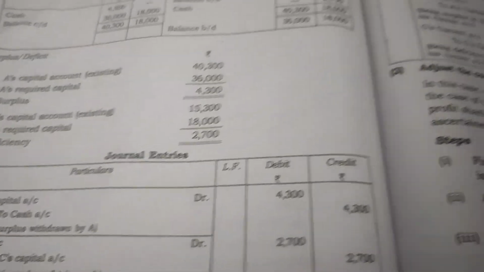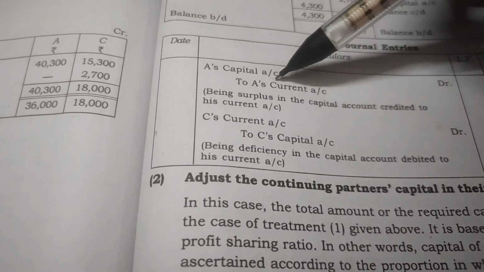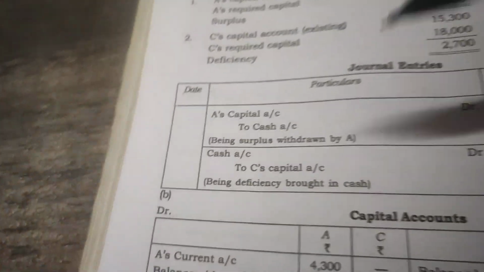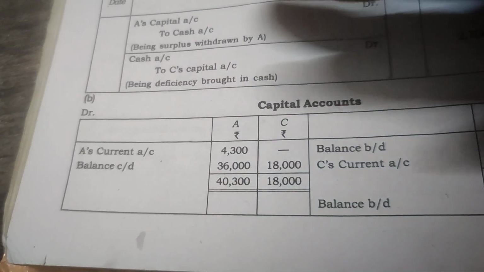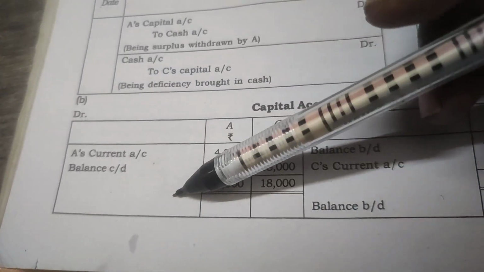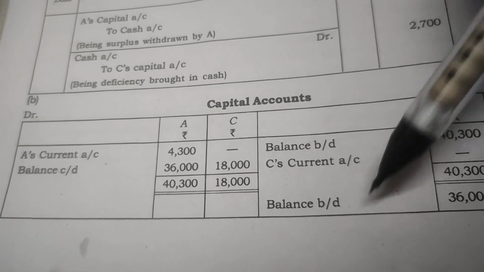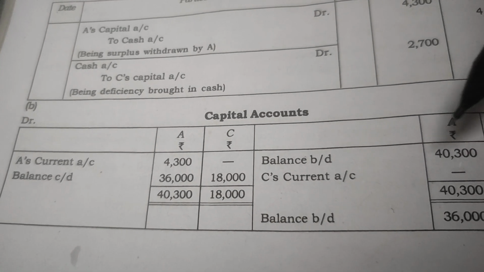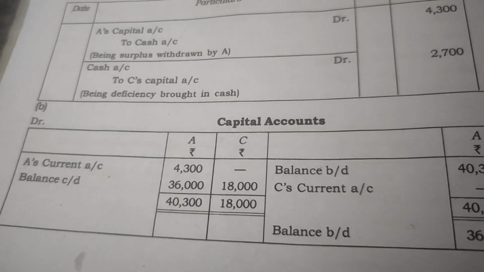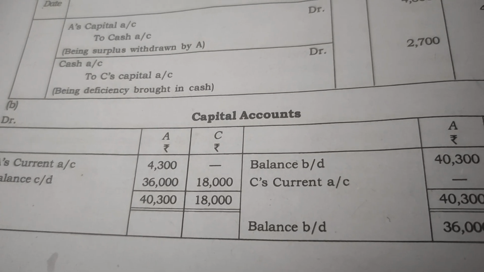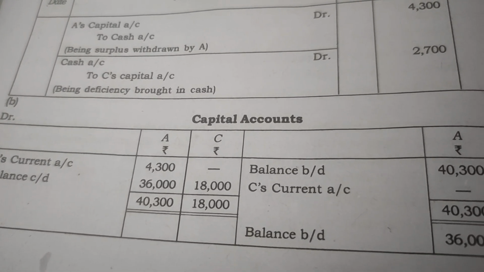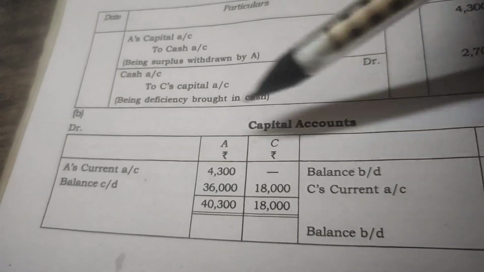The capital account we are preparing, so this to A's current account will go to the debit side. All debit items will be shown on the debit side, and all credit items or the credit side journals will be shown on the credit side of the accounts.